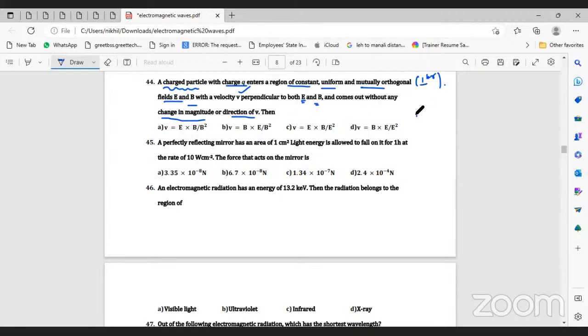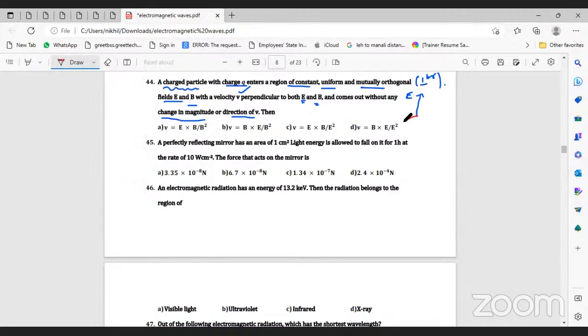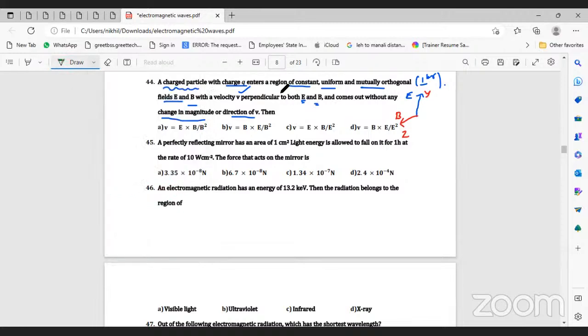Now, the electric field is applied along the y-axis, and they are telling that the magnetic field is orthogonal to E. Let us say the magnetic field is acting along the z-axis. How is the charge moving?